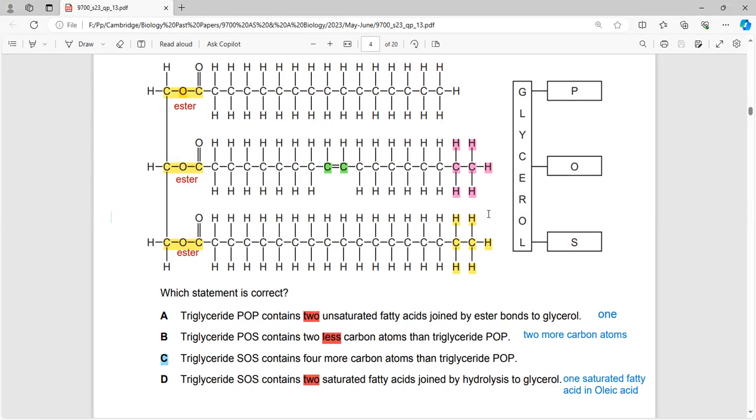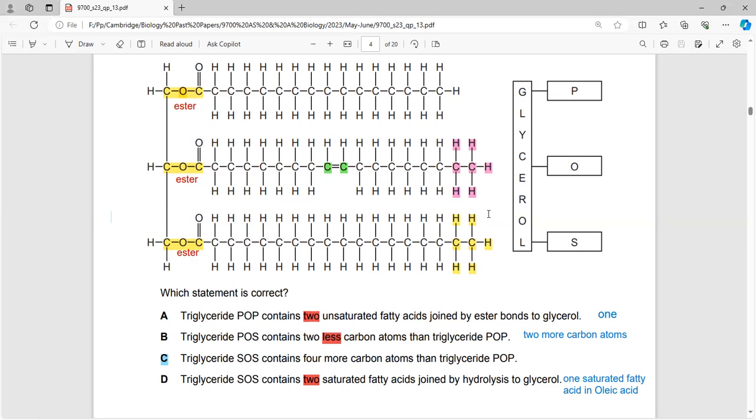So option B, the triglyceride POS contains 2 less carbons than the triglyceride POP. For example, if you are replacing the stearic acid in this diagram with P, what will happen?